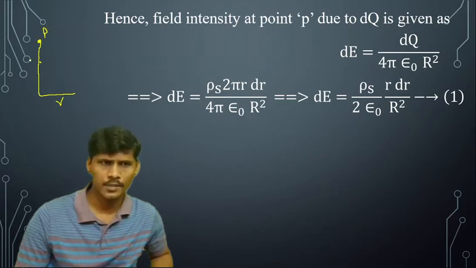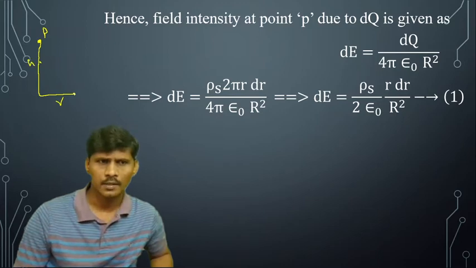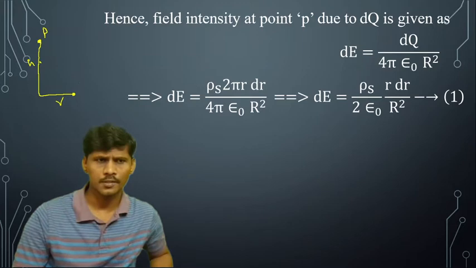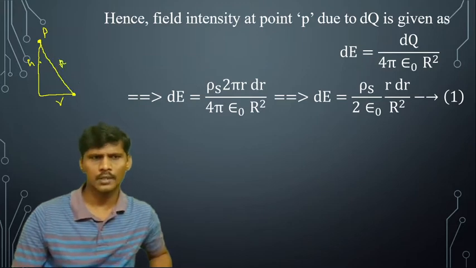This distance is h meters, and this is the elementary length on the charged circular strip. This distance is capital R, and this is an angle theta, making an angle at point P.